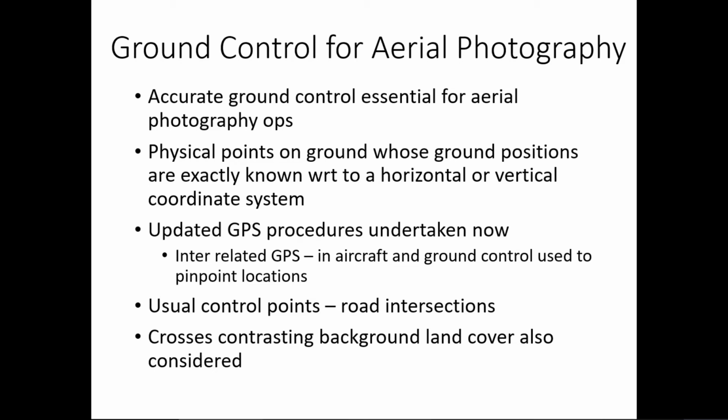But nowadays you have advanced GPS procedures, you have interrelated GPSs in the aircraft and the ground control both. In earlier days, you would take a photo and go to the site. You would pinpoint the coordinates of a road intersection, then mark those coordinates on the photo, do all these calculations and triangulations, and figure out the coordinate of any particular point in that photo.